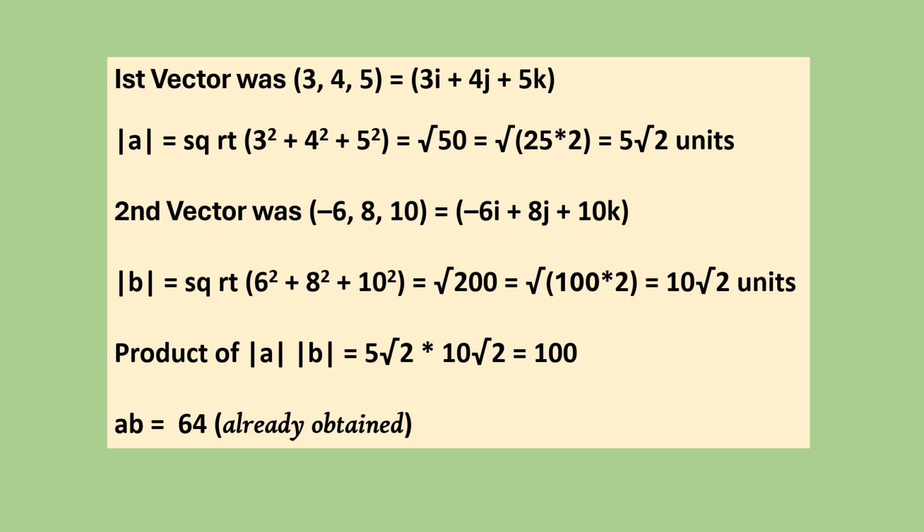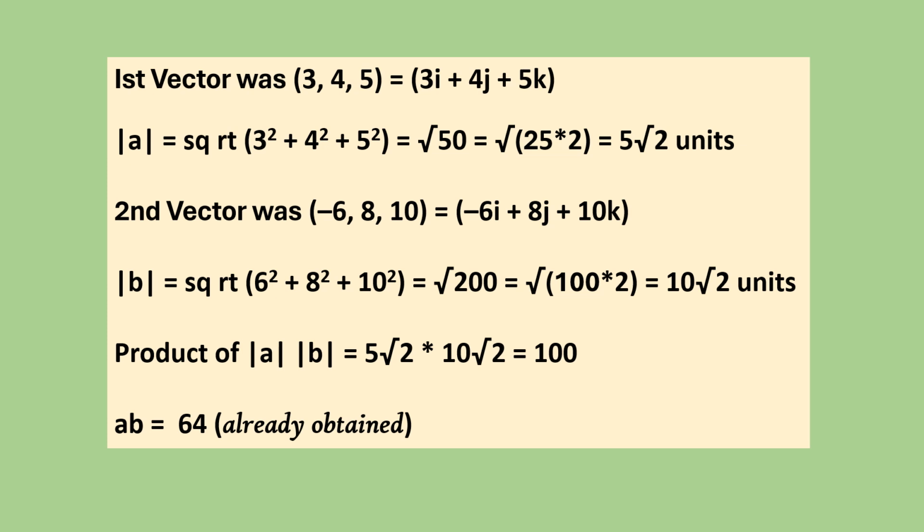And the second vector was minus 6, 8, 10, or minus 6i plus 8j plus 10k, and the absolute value of vector B was square root of 6 square plus 8 square plus 10 square, that is 10 root 2. So the product of absolute value of A and absolute value of B will be 5 root 2 multiplied by 10 root 2, 5 into 10 is 50, root 2 into root 2 is 2, so it gives you 100.